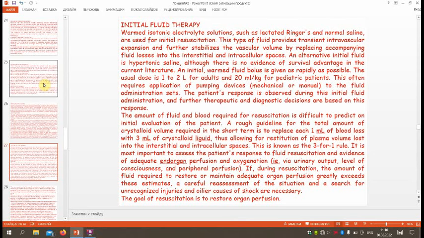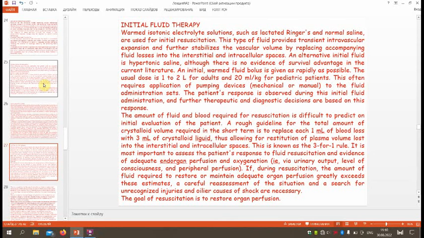An alternative initial fluid is hypertonic saline, although there is no evidence of survival advantage in the current literature. An initial warm fluid bolus is given as rapidly as possible. The usual dose is 1 to 2 liters for adults and 20 ml per kilo for pediatric patients.